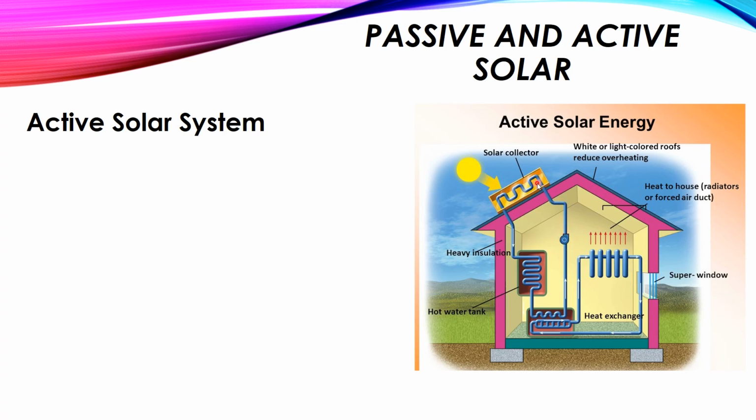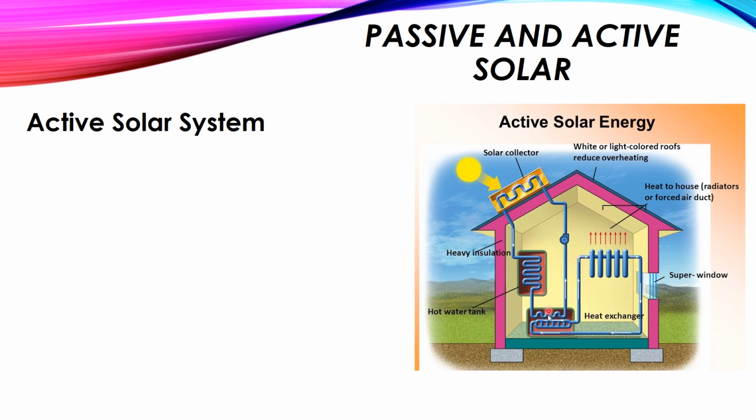Now we will find that this hot fluid, such as the water, can be stored, or it can be used in a heat exchanger with another fluid which is cold, for example. Here the hot fluid exchanges heat with the cold air inside the house.